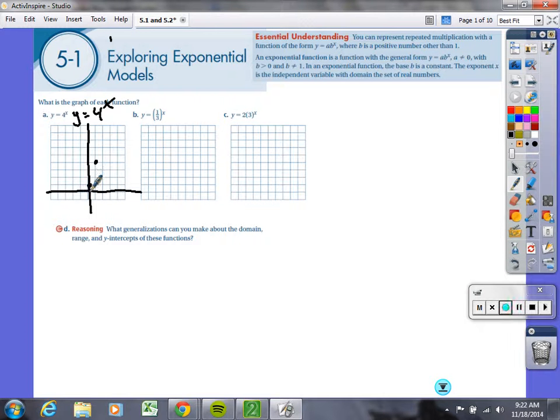That's something to understand. By the way, y equals a b to the x is your general form. B is called your base, or your common ratio.